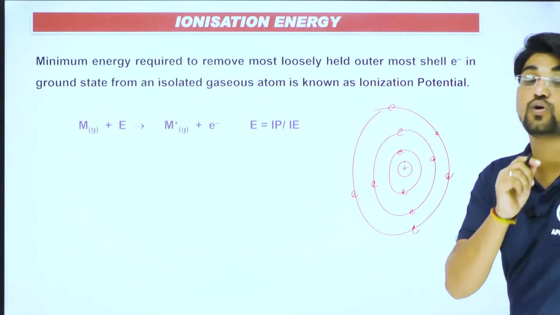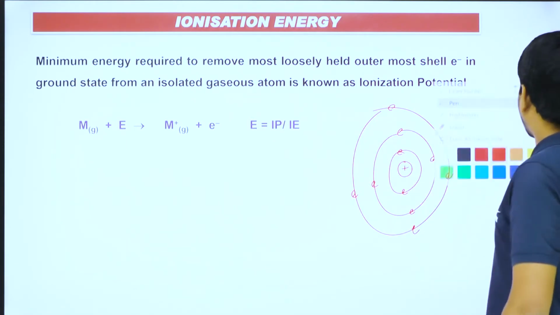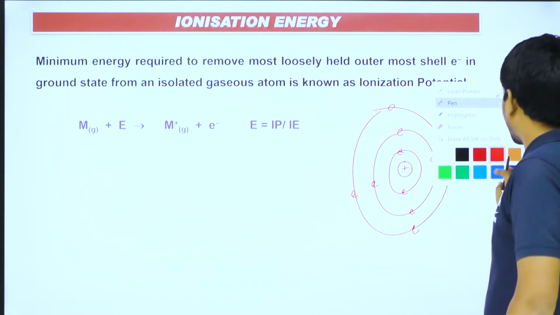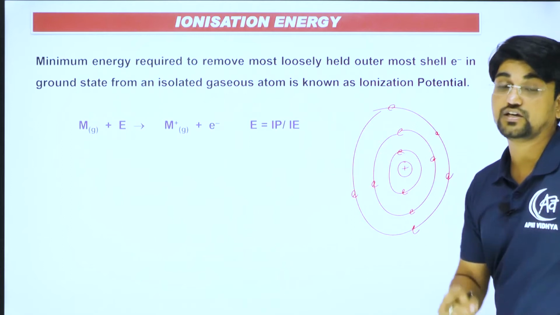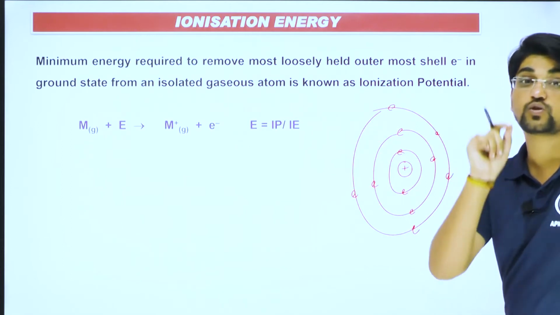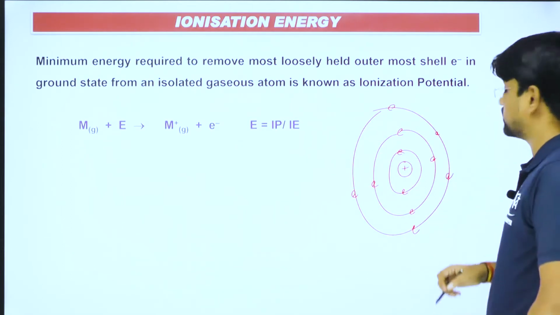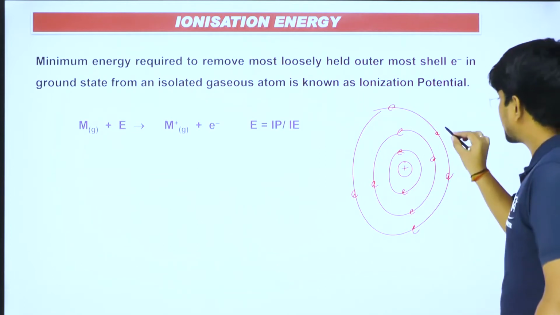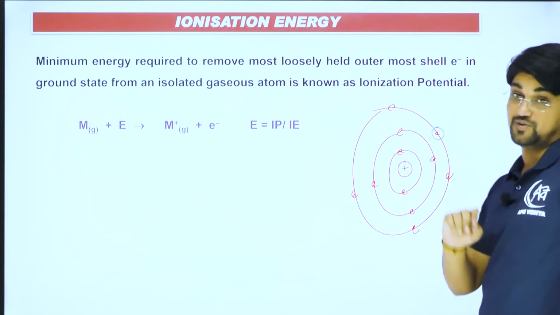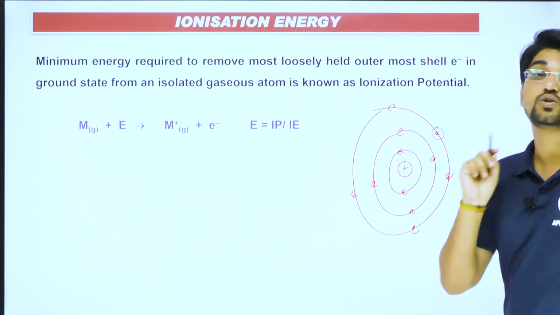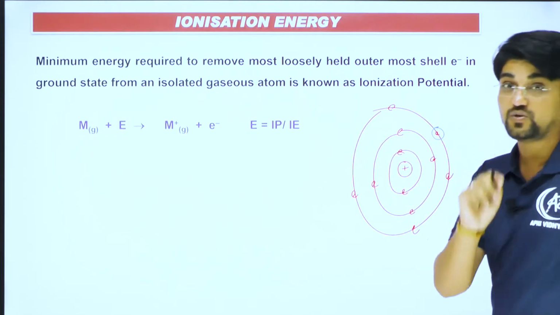Now, what is ionization energy? Listen carefully. It is an amount of energy, the work needed to remove an electron. Which electron? Maybe this, maybe this, maybe this. Why? The most loosely bound electron.